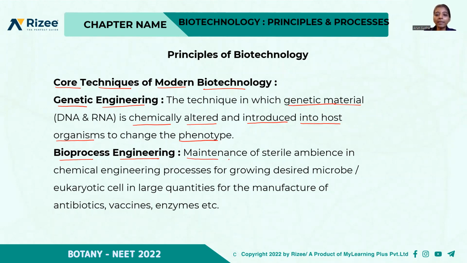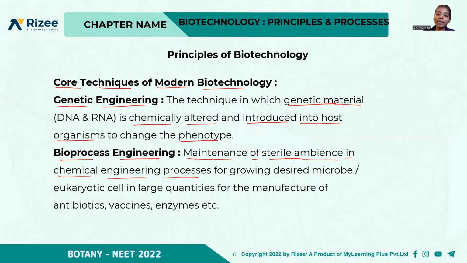That is the maintenance of a sterile ambience in chemical engineering processes, right? It is the maintenance of sterile conditions, that is, without any microbial contamination. So what is the role of maintaining a sterile environment? That is for the manufacture of antibiotics or vaccines.